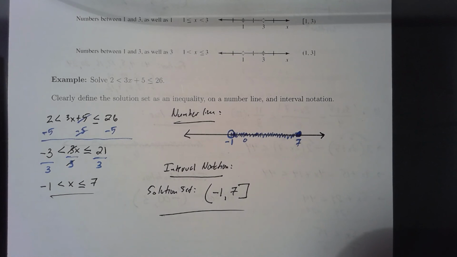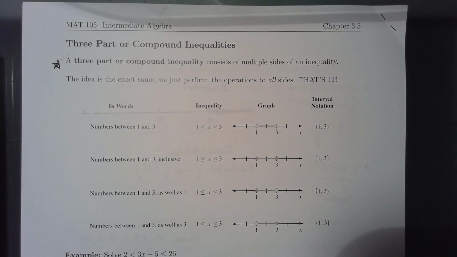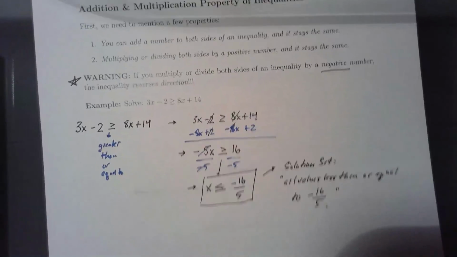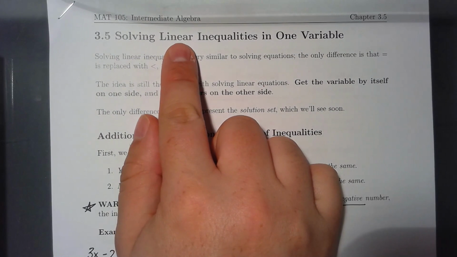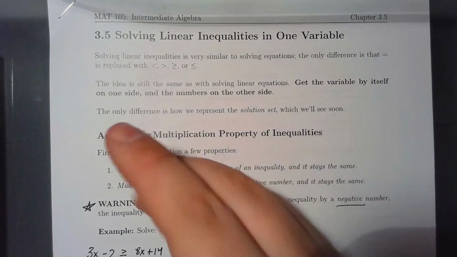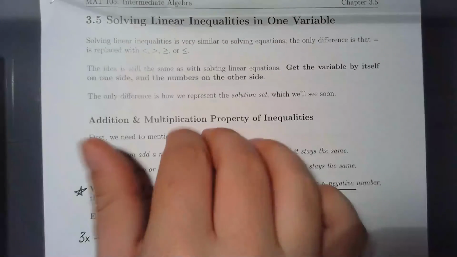Again, when you have a 3-part inequality or just a regular 2-sided inequality, there's not much difference when it comes to solving these things. It's pretty simple. Now keep in mind, these are linear inequalities. If you take college algebra, you'll see quadratic and polynomial inequalities and rational inequalities. We're not talking about that in this course.